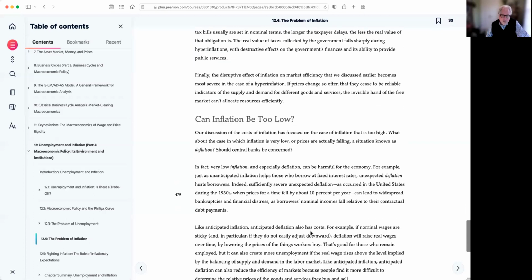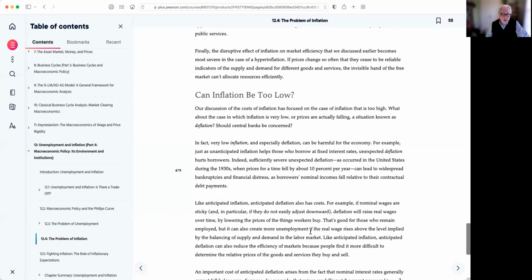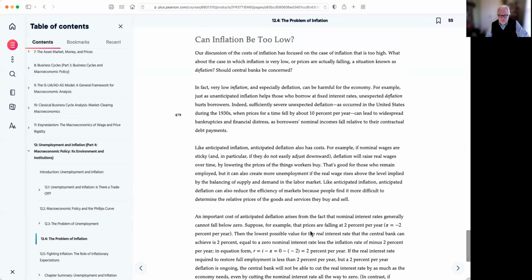So is inflation that's too low, in particular because if inflation is too low, what can happen is that the Federal Reserve, in our case in the United States, but the central bank in a country, might not be able to do a lot in terms of monetary policy.